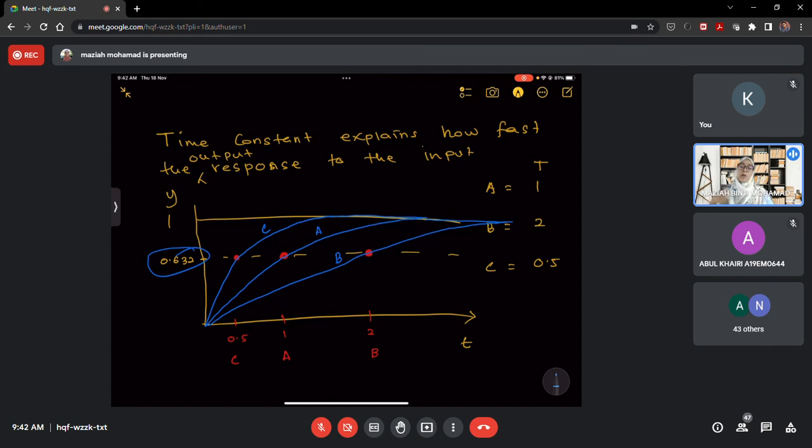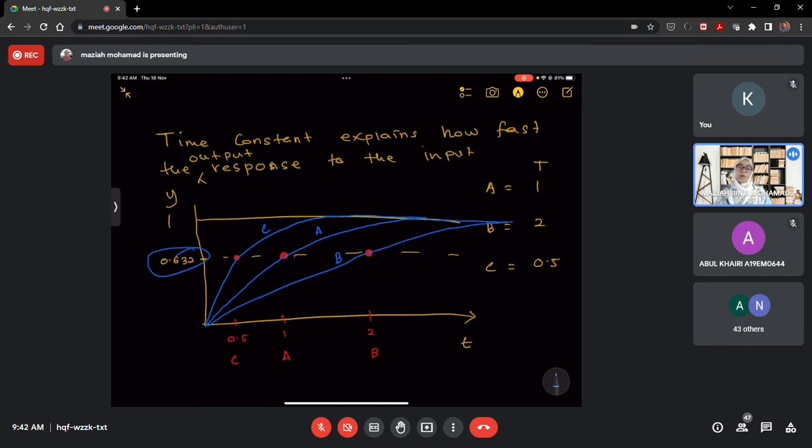So by comparing the time constant, we can know system C is the fastest response system compared to A and B. That's how we use the time constant to explain how fast the output responds to the input. By knowing the time constant, we will know this system is a fast response system, and this is a slower response system.